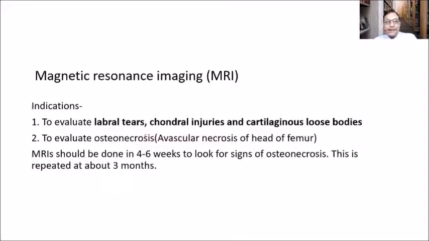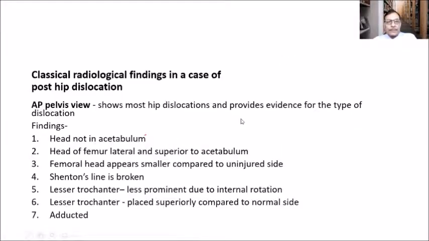Or many times, to understand and know the avascular necrosis of the head of the femur, you do this MRI. Many times you have to do it 4 to 6 weeks after the reduction has been achieved, and then repeat after 3 months to rule out or confirm AVN, avascular necrosis.